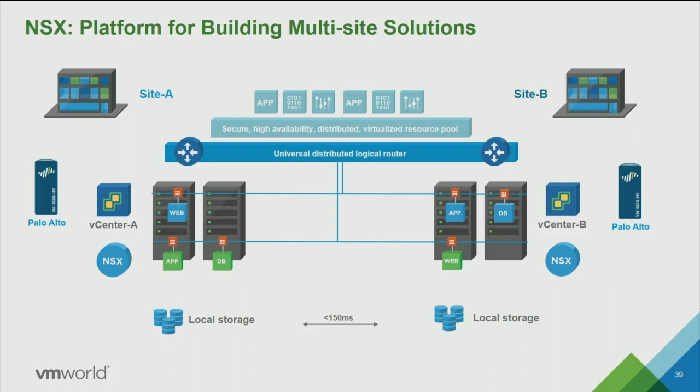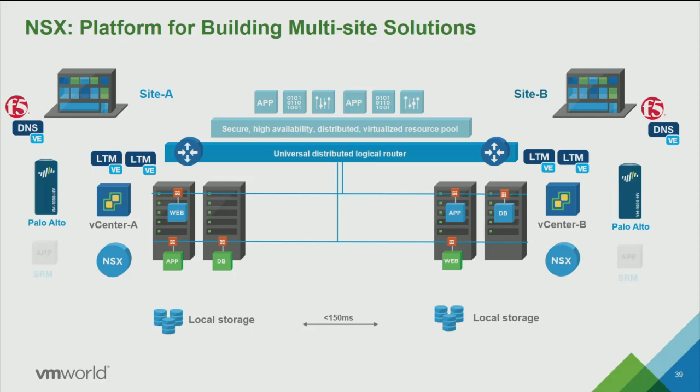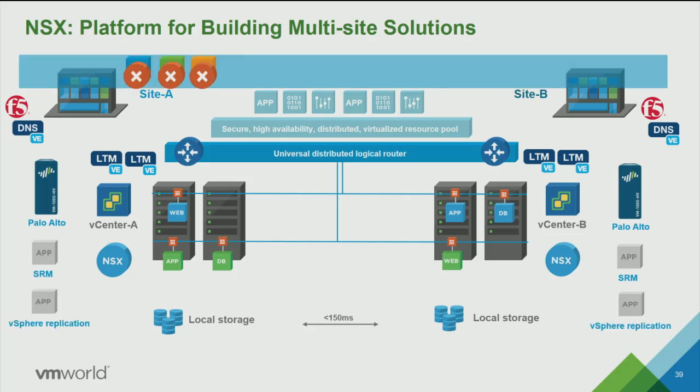You can deploy Palo Alto for application level security. You can deploy F5 to do something like GSLB and active-active, handle that ingress traffic. You can deploy SRM for disaster recovery plans, vSphere replication to replicate your VM. So the point here is this is an entire ecosystem, an entire platform for your multi-site solutions.